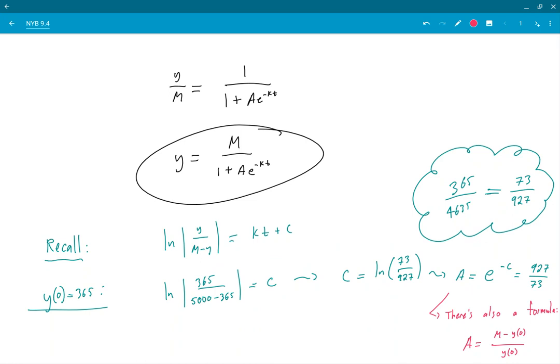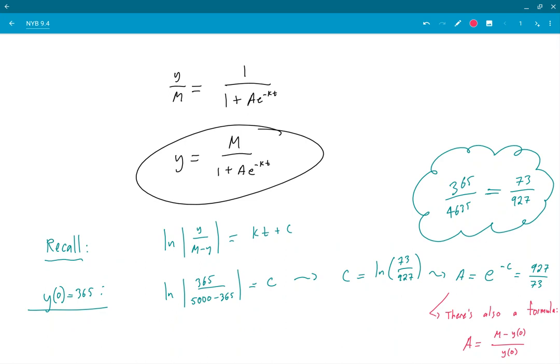Plugging in t equals 0 allows me to quickly find C. T equals 0 and y is 365. Then I can remember the relationship between A and C.